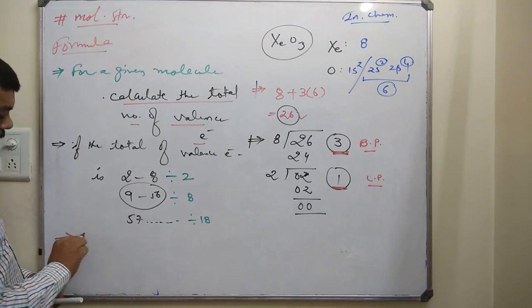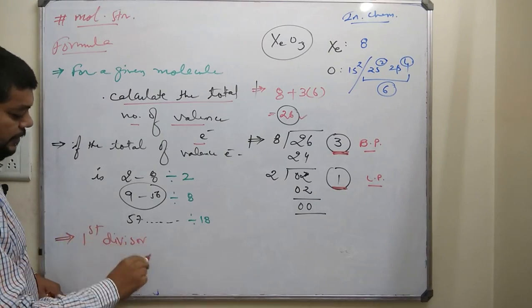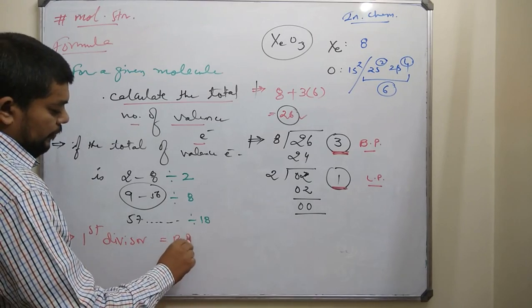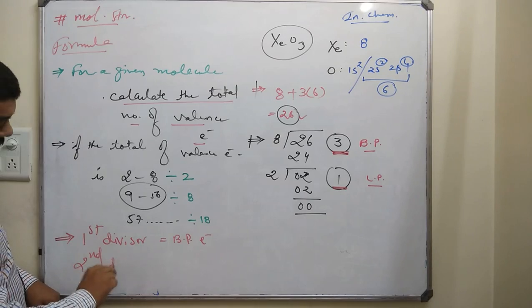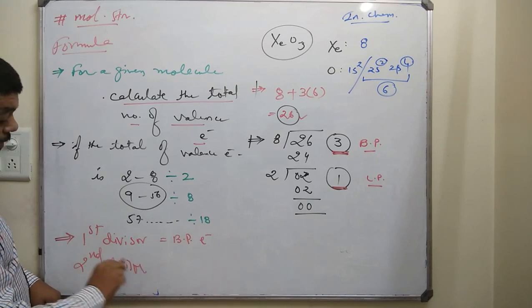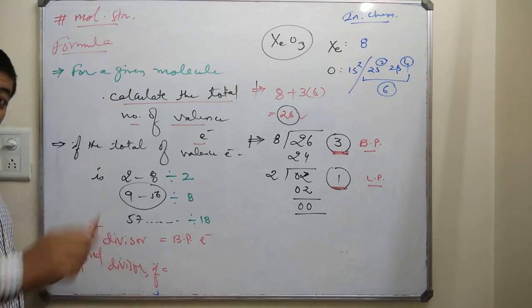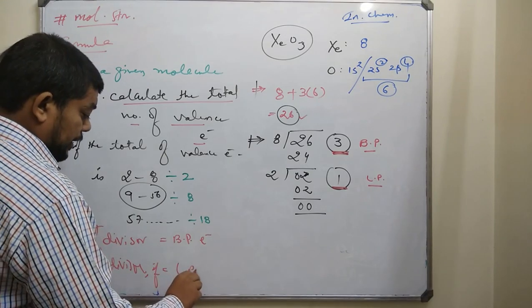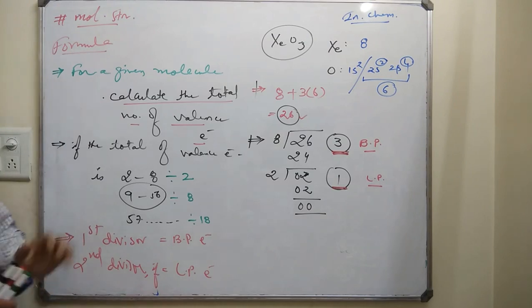So I will write over here: first divisor equals the number of bond pair electrons, and the second divisor indicates the lone pairs of electrons. If sometimes you do not get the second divisor, then there are no lone pairs. I hope you are getting what I am speaking, because this is a very important concept.